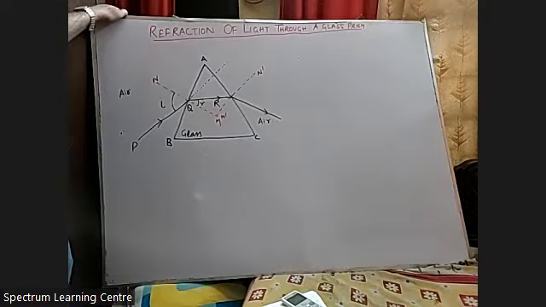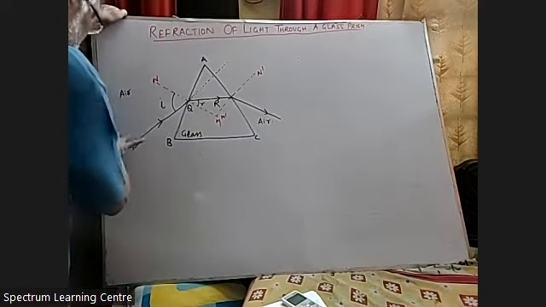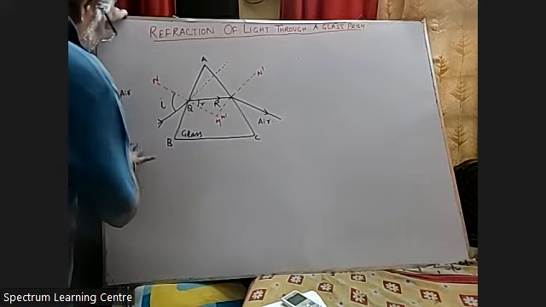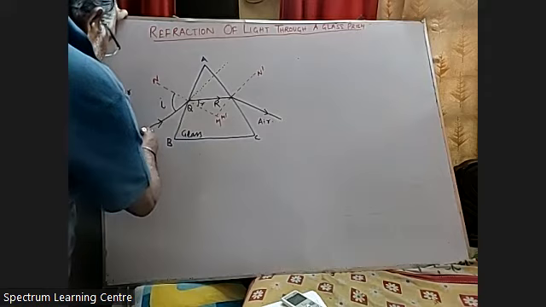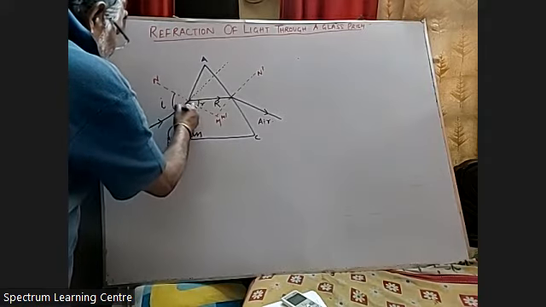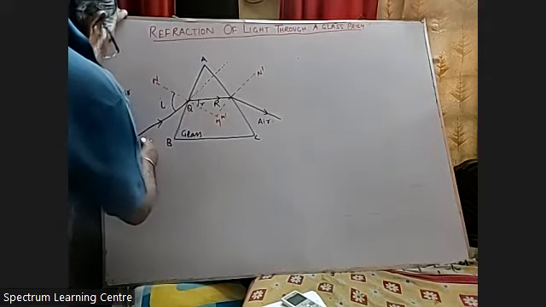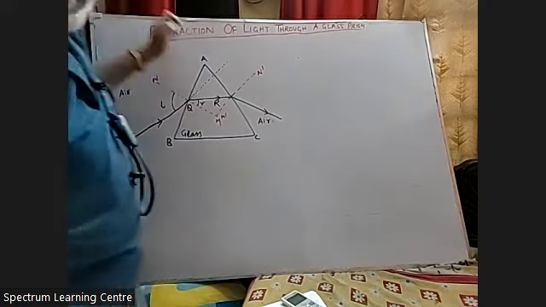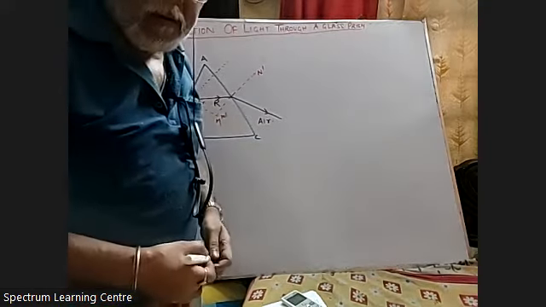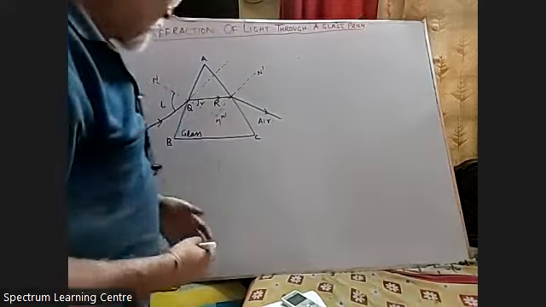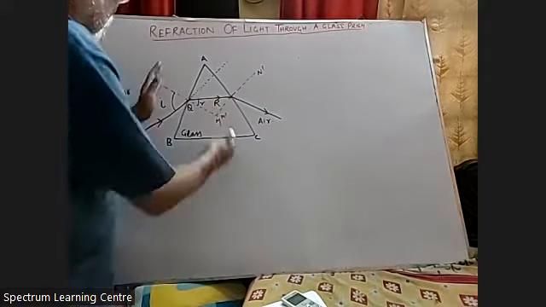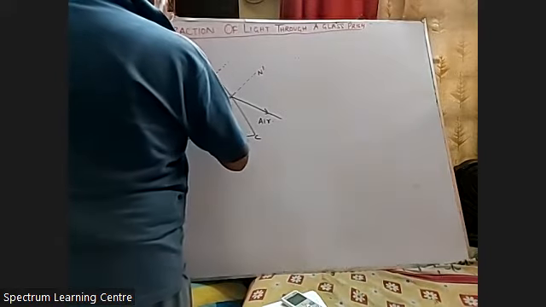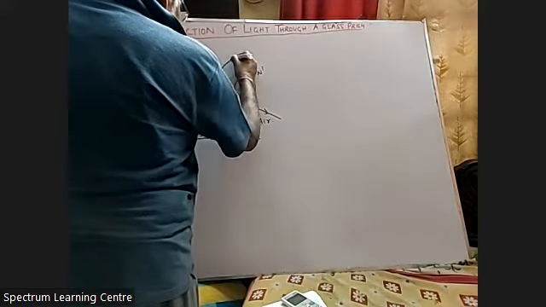What is the original path of the light? PQ? Remove the prism. It would have gone in this way, right?